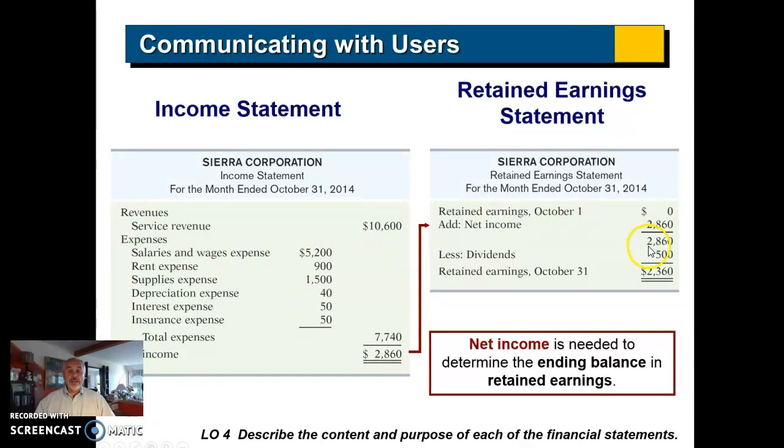We add those two together, and then we subtract any amounts of dividends or any amount of profitability that we're going to share with our stockholders. We subtract that out, and what we're left with is the amount of earnings that is kept by the company for its operations, or ending retained earnings at the end of the period.